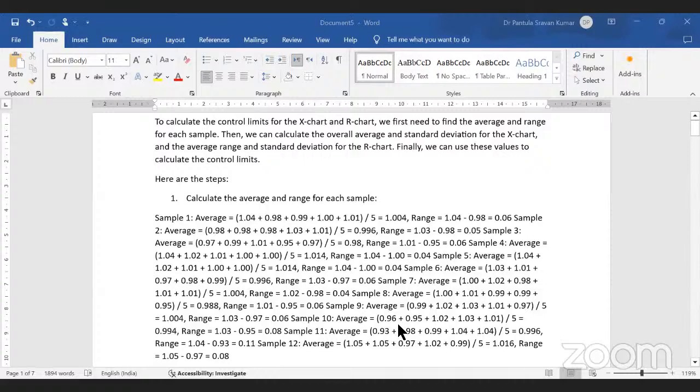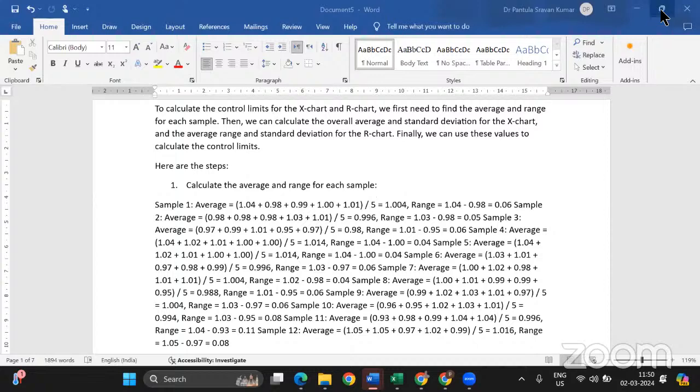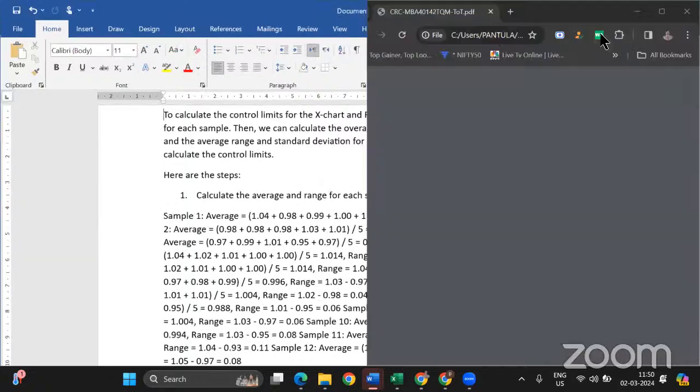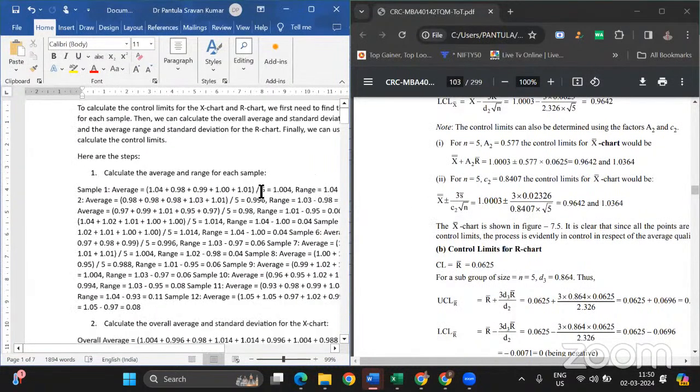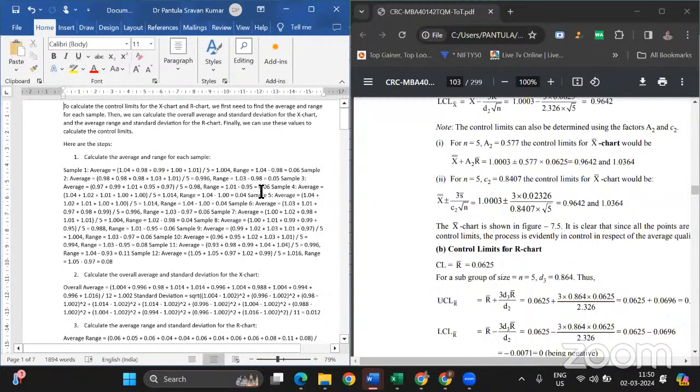And I'll share my entire screen, so that you don't have any kind of confusion here. Now my screen is split into two parts. You are able to see my screen in two parts.